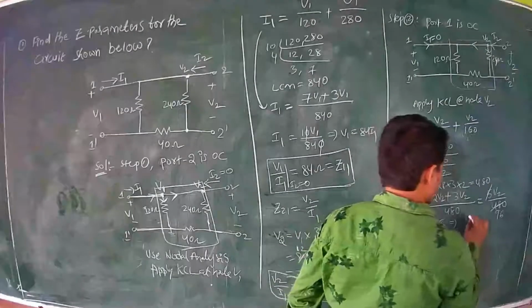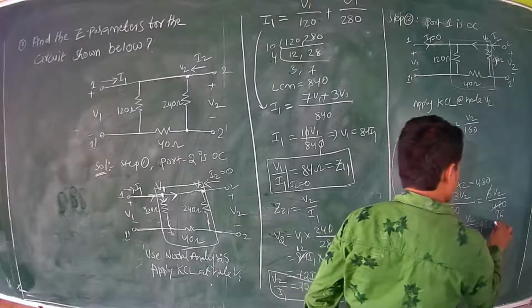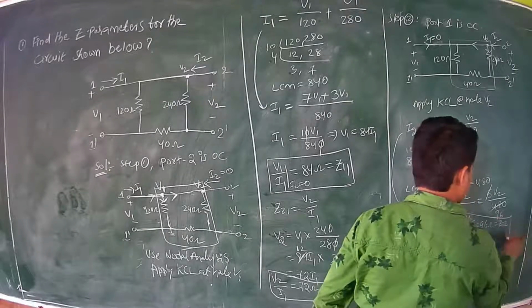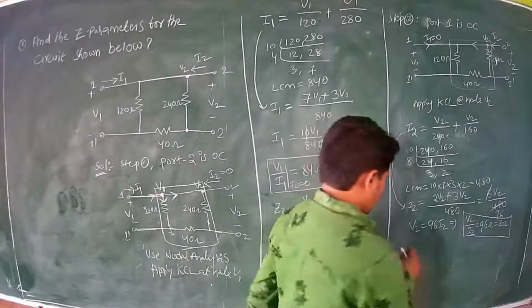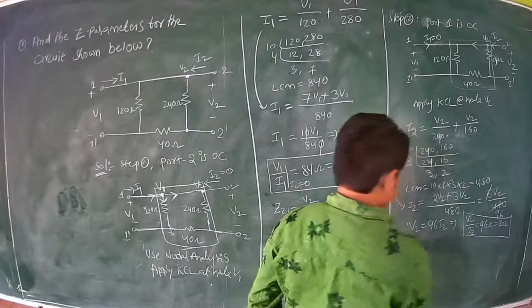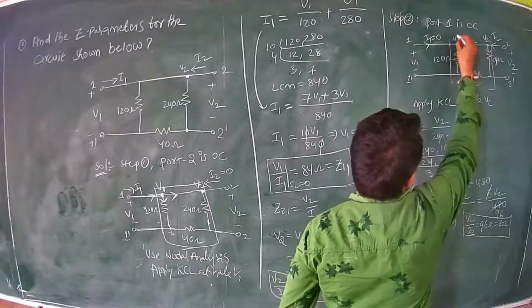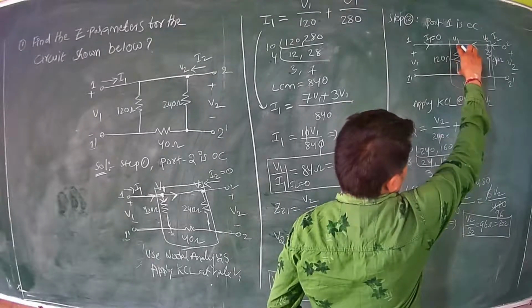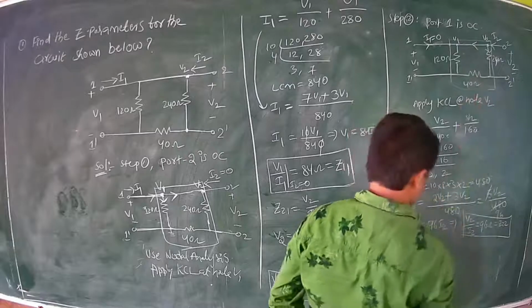So V2 by I2, which is 96 ohms, is also called Z22. Of course, current I1 is 0, therefore this is Z22. Next, what is the voltage V1 at this node? The voltage across this resistor equals total voltage V2 into this resistance by total resistance.